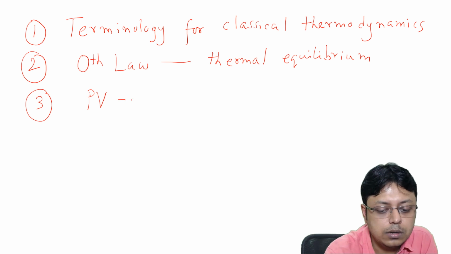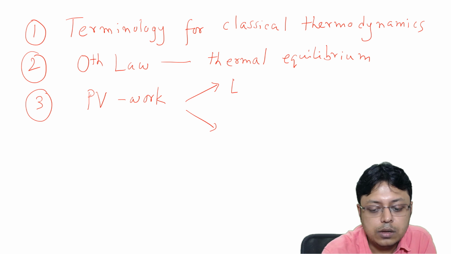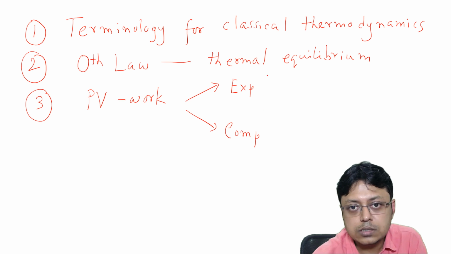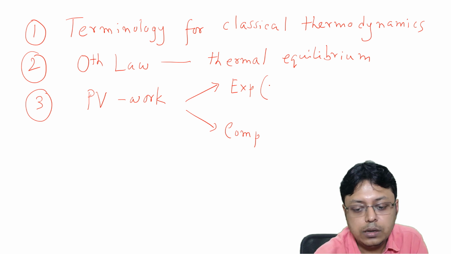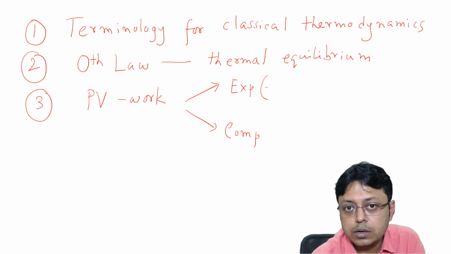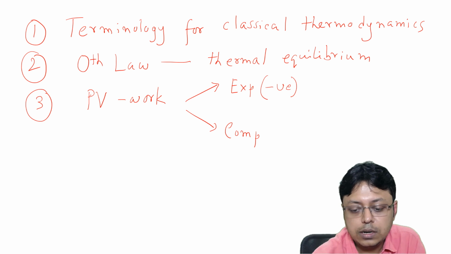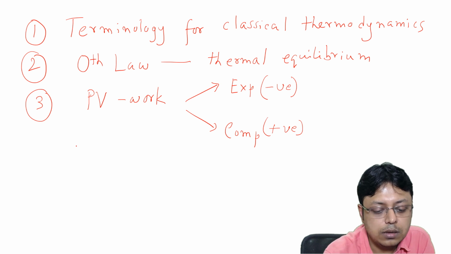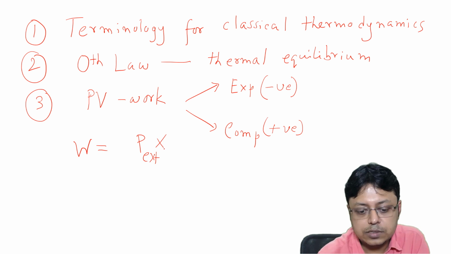For the expansion work, remember that here the system works, so by convention we call it a negative work, and for the compression work, the work is done on the system, we are taking it to be positive, and for that we defined the work done as minus P external multiplied by the change in volume. If this volume change is finite, we use delta V.